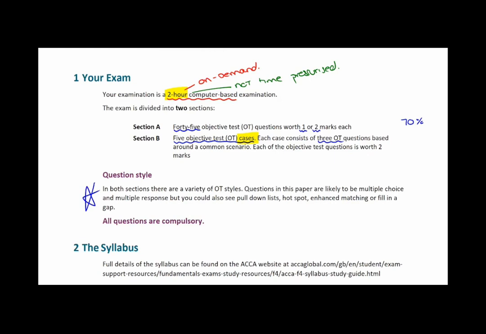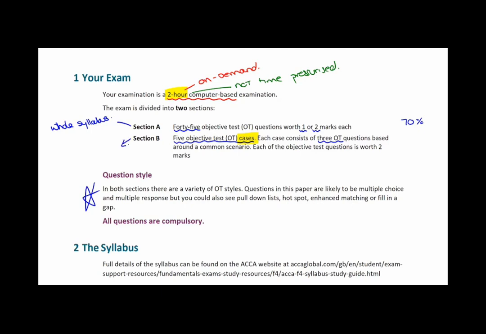What does that mean? Well, Section A is really all about testing the whole syllabus. So thinking about the breadth of knowledge. So do you know pretty much all of the key areas in that syllabus? So that means that those questions are mainly going to be knowledge based. So just understanding what the rules are.